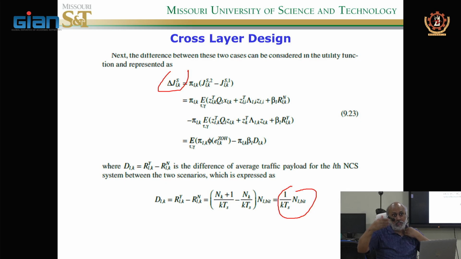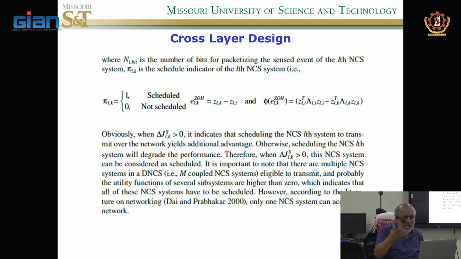So each subsystem will have so many bits to transmit. That information is used by the scheduling program to decide which one gets the priority. You understand that? So the more you have to transmit, the smaller the back-off interval will be. Therefore, you get the priority. Okay? So we use that information in computing the back-off interval. So here you see the number of bits is used to decide when to transmit and when not to transmit.